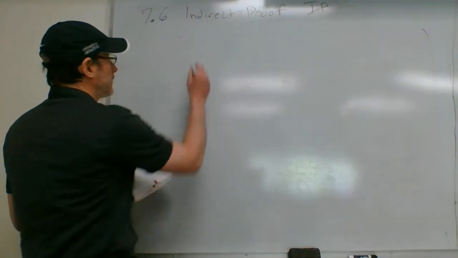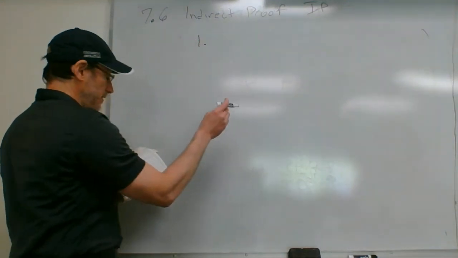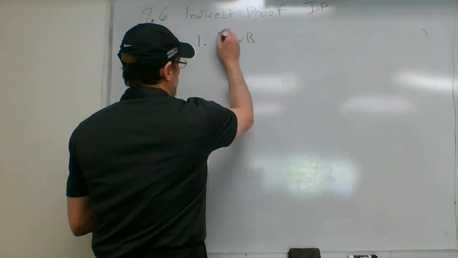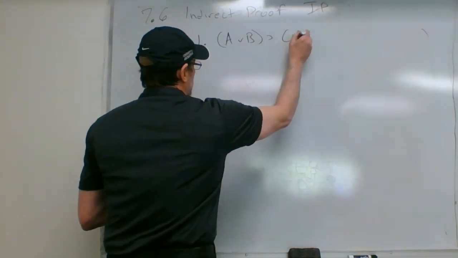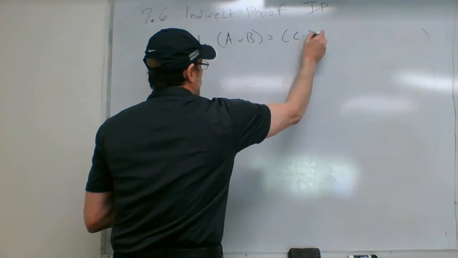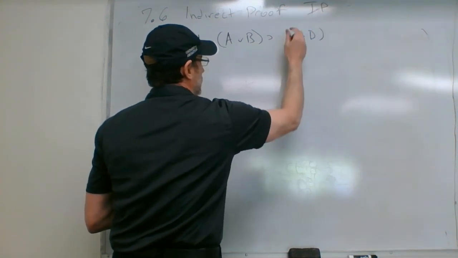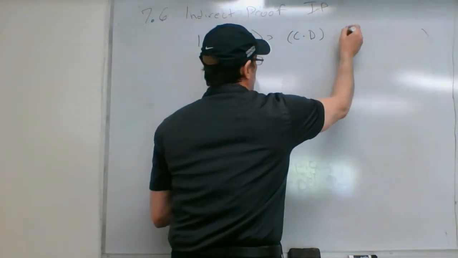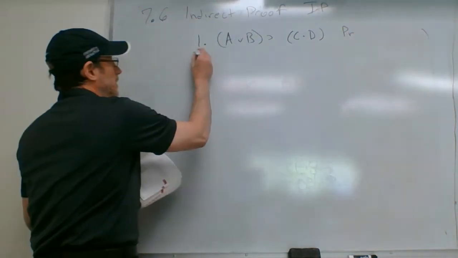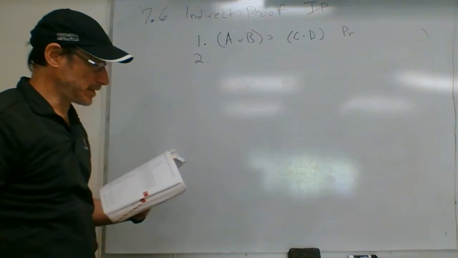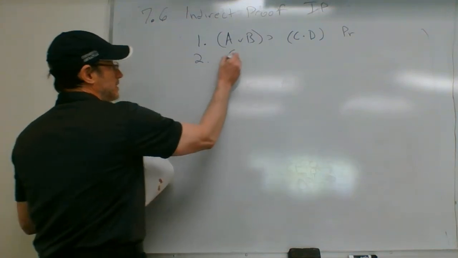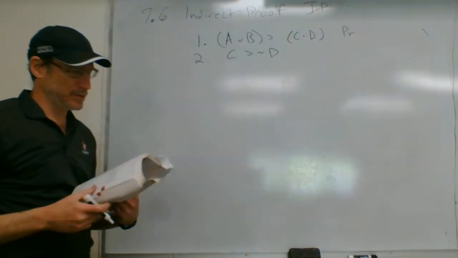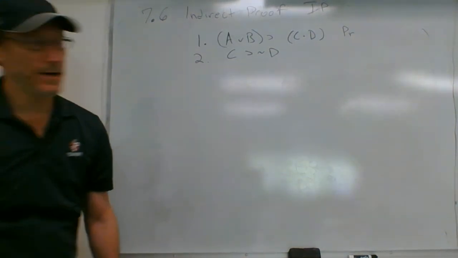On the board, we have, here, suppose you have the following steps: A wedge B horseshoe C dot D. This is premise number 1. Again, I always write premise, and then premise number 2 is C horseshoe not D. And I'm being asked to prove not A. All right?